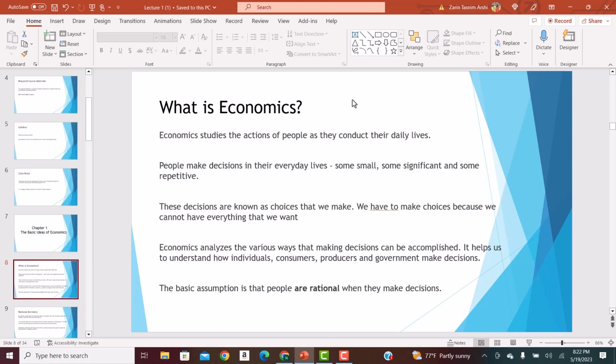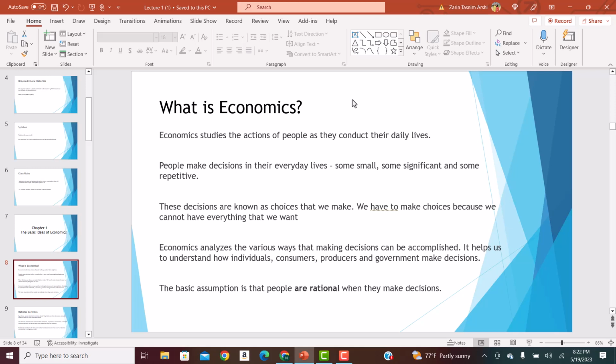Resources, which we will discuss in a bit, are limited in quantity, so we cannot have everything we want. We cannot have 20 cars, unless we're Bill Gates, right? Because we have limited resources, that's why we have to make choices. We want to buy the car that is best suited for my needs. So economics will help me to make that decision.